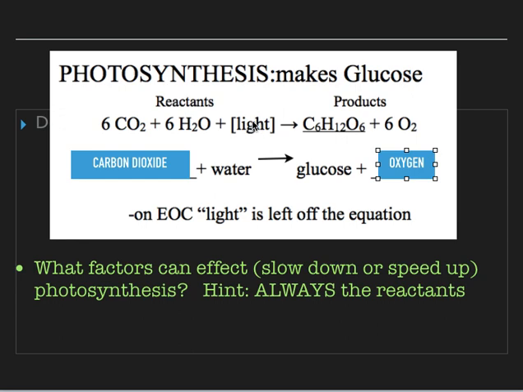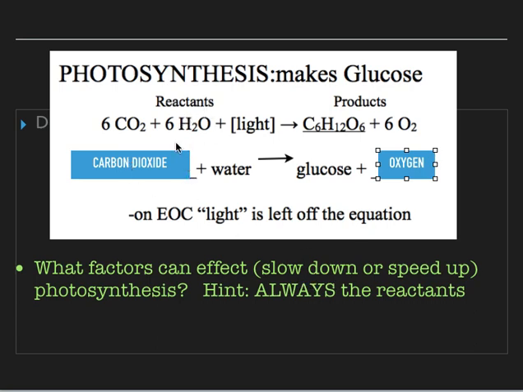So you can give the plant more light, more water, and it's going to increase photosynthesis, how much glucose and oxygen it makes. You can increase carbon dioxide too, but there's so much carbon dioxide in the world that plants have more than enough.